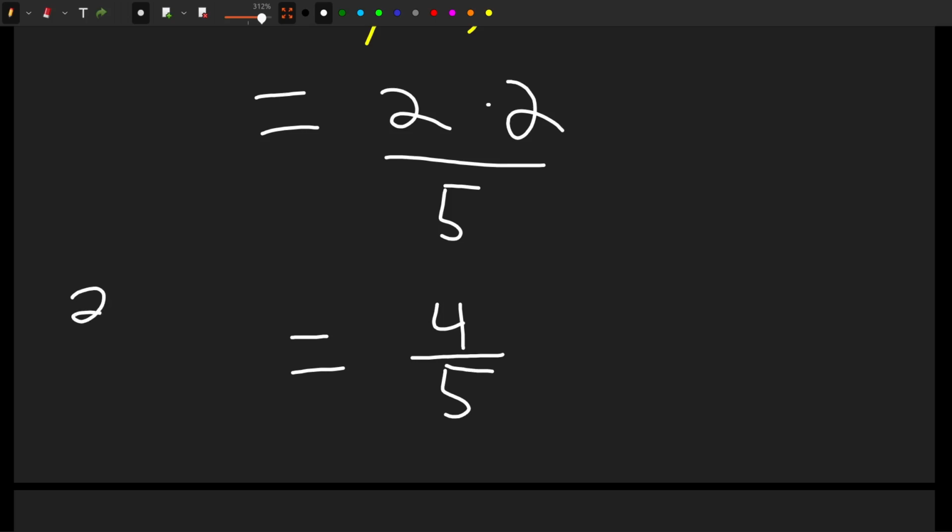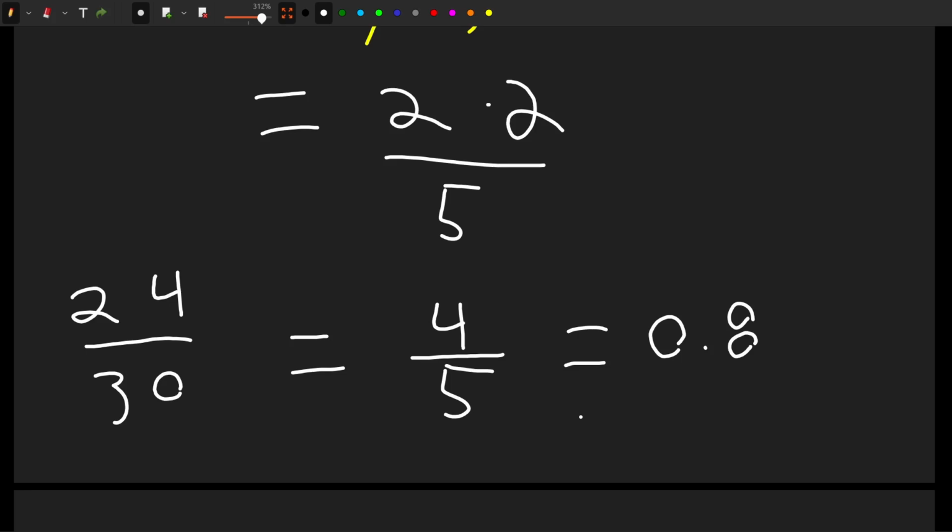And so in this case, 24 out of 30 is the same as 4/5. Which, as we learn later with percentages and decimals, we'll also know that this is 0.8, or also known as 80%. But you don't need to learn that right now. But both of them are the same. They're 0.8, 4/5, 24 out of 30. They're all equivalent to each other.